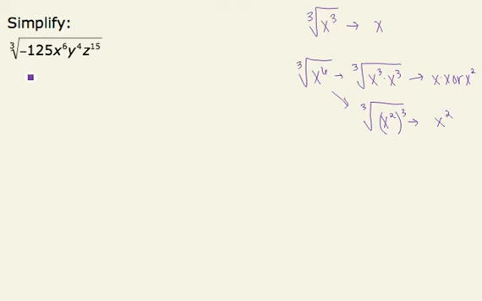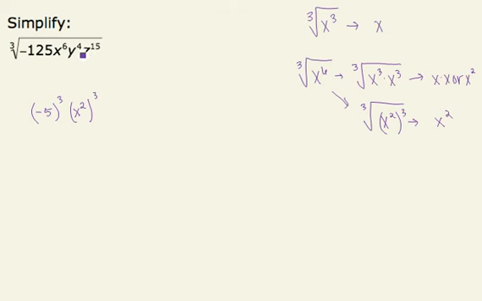Well, now let's look at our problem. So I'm going to rewrite each of these pieces as something to the third power. A negative 125 could be rewritten as negative 5 to the third power. X to the sixth, as we know, could be rewritten as x squared to the third power. Y to the fourth?